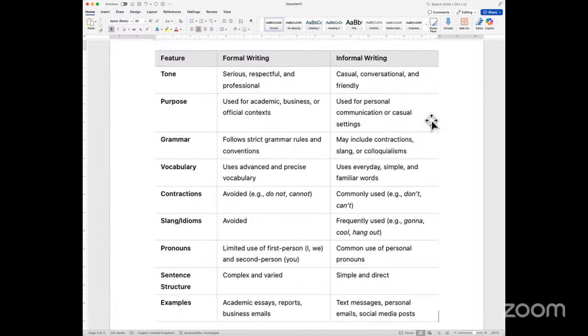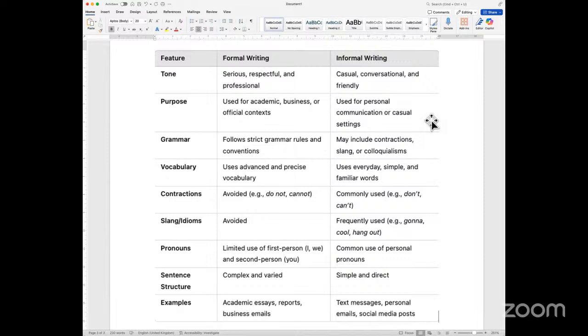Now, the purpose of formal writing is generally when you're writing letters, articles, and reports, or communicating for formal occasions like business, academic reasons, or official purposes. In such cases, you would generally use formal writing. Informal writing could be when you're writing to a friend, a colleague, or a family member, such as your son, your father, your daughter, or a very close friend.